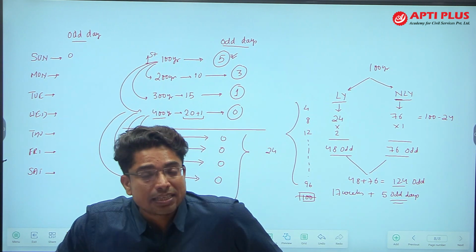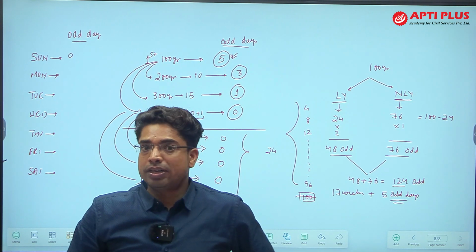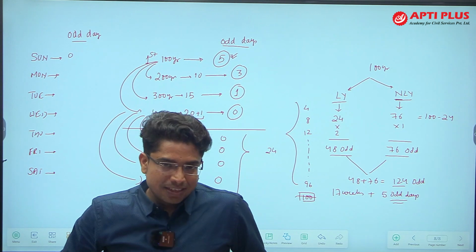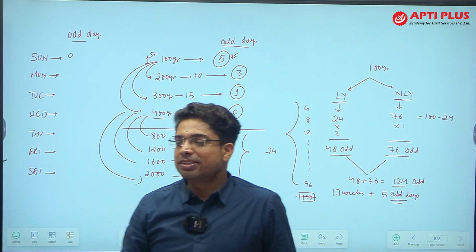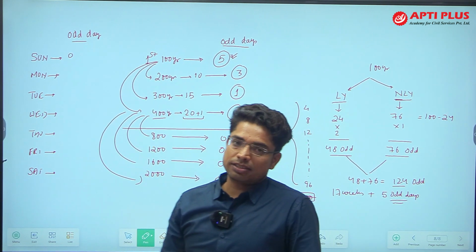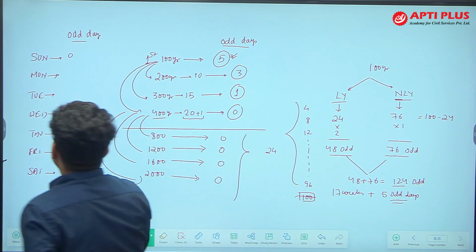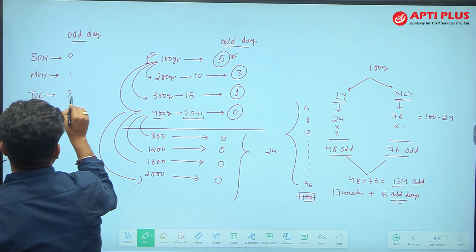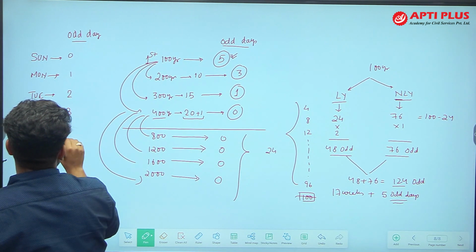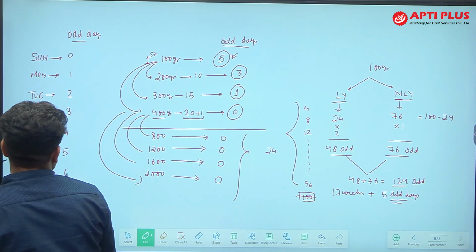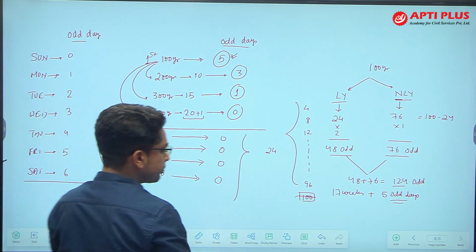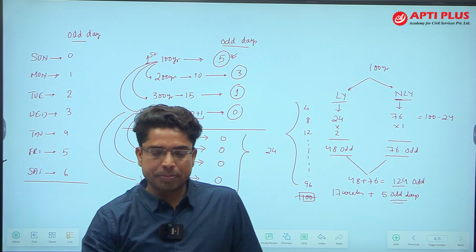So Sunday is taken as the reference day, that is the reason we have holidays on Sundays, right? So that can be used to remember. A value of odd day equal to 1 will correspond to Monday, 2 Tuesday, 3 Wednesday, 4 Thursday, 5 Friday and 6 Saturday. So this is what we should keep in mind.